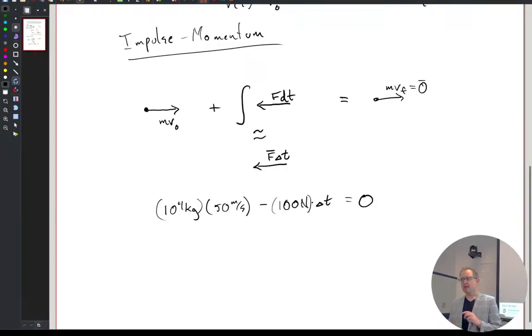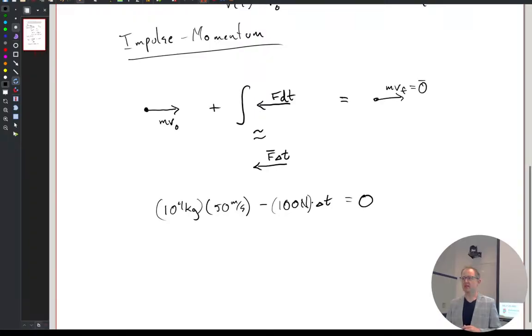So anytime you need force and time, or average force over time, impulse momentum gets you right there without any other equations. You have to know where the forces are applied and how they're being applied, but you can directly add them up and figure it out that way.